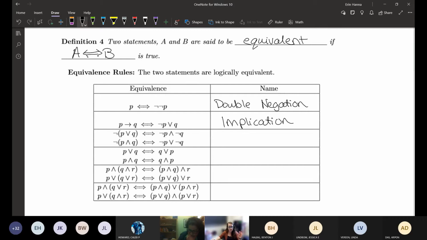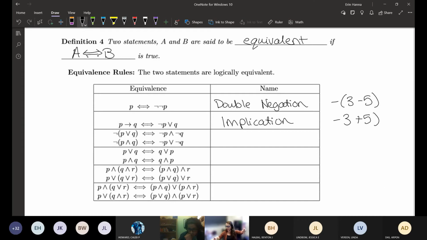And then we have these two that are called the same thing, where we have a not in the front, and a statement in the middle that's either an or an and. Essentially we bring that negation inside to both of the terms on the inside, and then the sign flips. It's almost like in math, if you had 3 minus 5 with a negative out front, you distributed the negative, it'd become negative 3 plus 5.